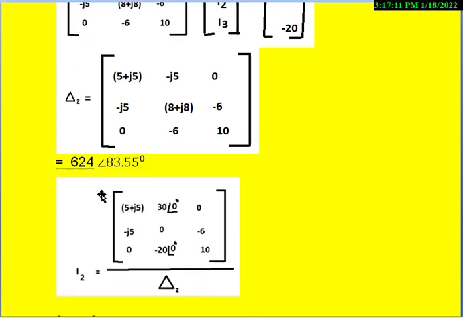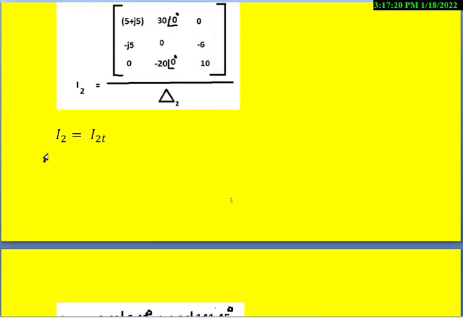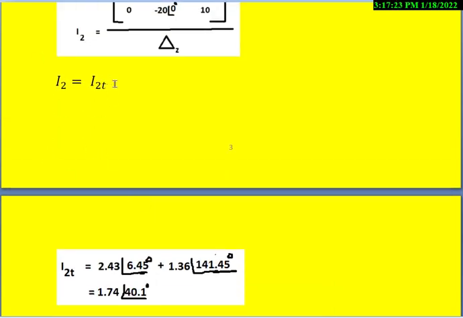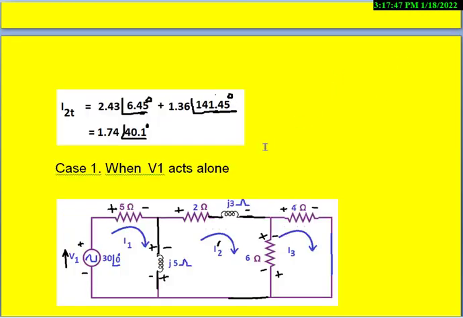And by dividing that with the determinant, that is delta Z, we get the current I2, which we call the total current due to the two sources working simultaneously, is nothing but 1.74 at an angle of 40.1 degrees. So this is the current flowing through the 2 plus J3 ohms when both the sources are present in the circuit, and when we apply the KVL equation or loop equations.